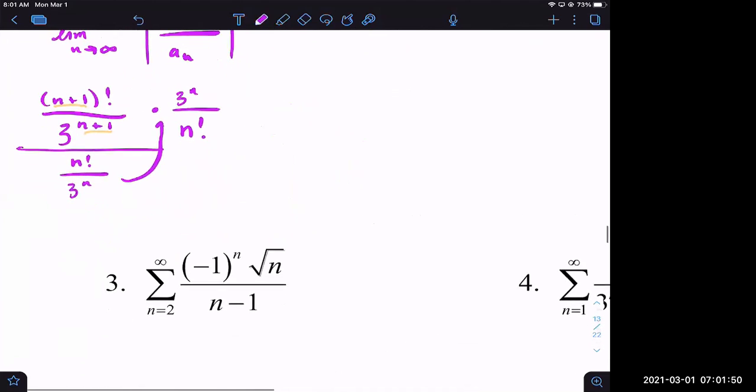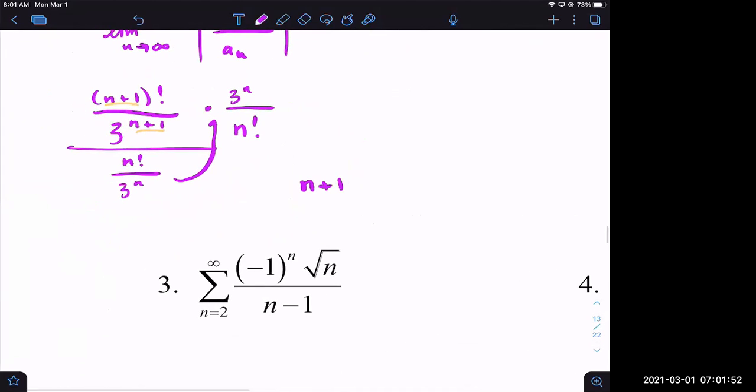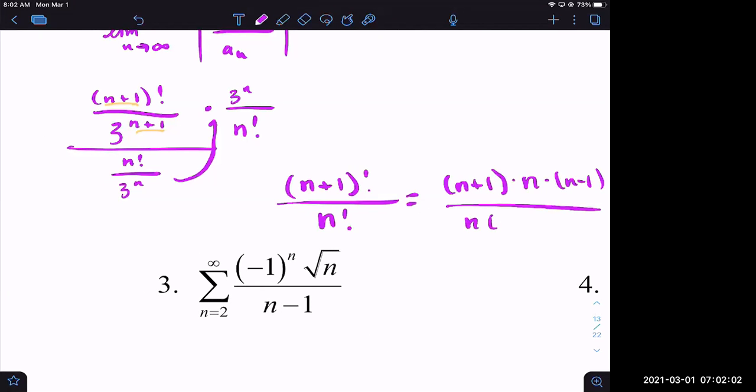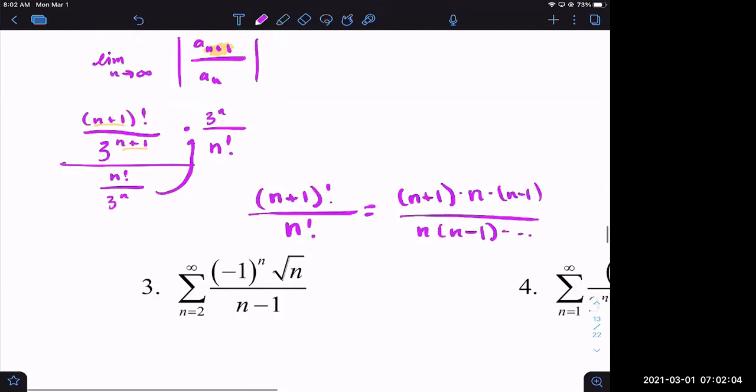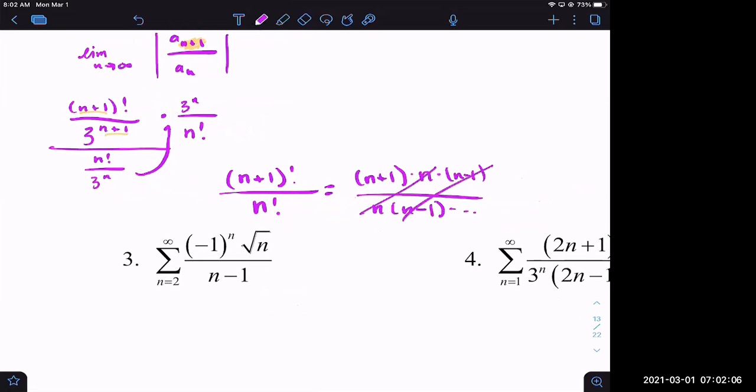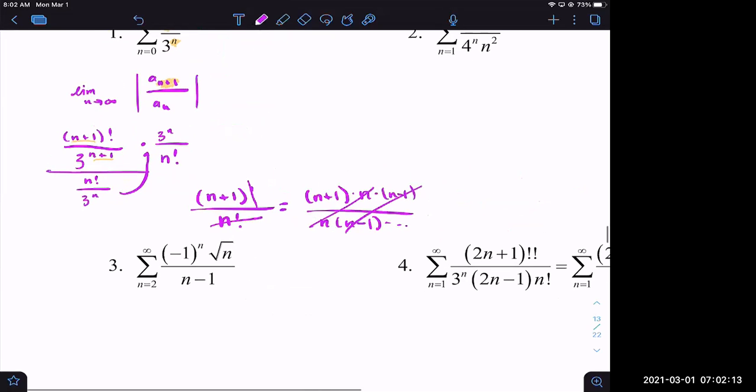Let me remind us for a second. (n plus 1) factorial means n plus 1 times n times all of the previous terms, and n factorial is n times all of the previous. So when you reduce, (n plus 1) factorial over n factorial just gives us n plus 1, no more factorial. So this gives us an n plus 1 on top.